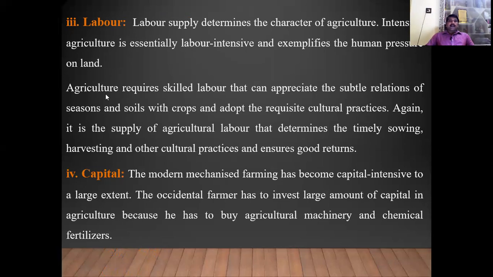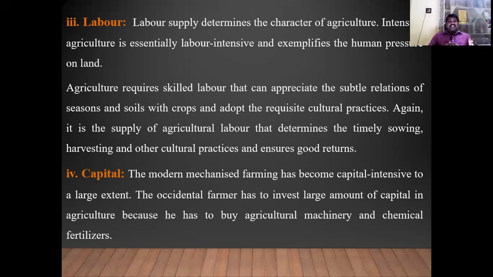Third is labor. Labor supply determines the character of agriculture. Intensive agriculture is essentially labor intensive and exemplifies the population pressure on labor.